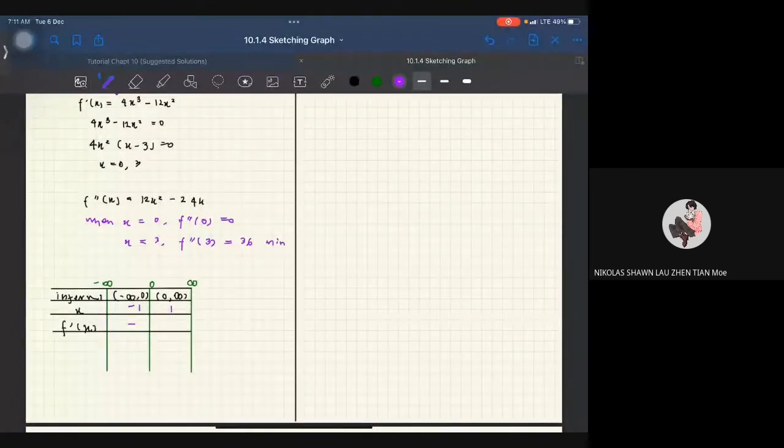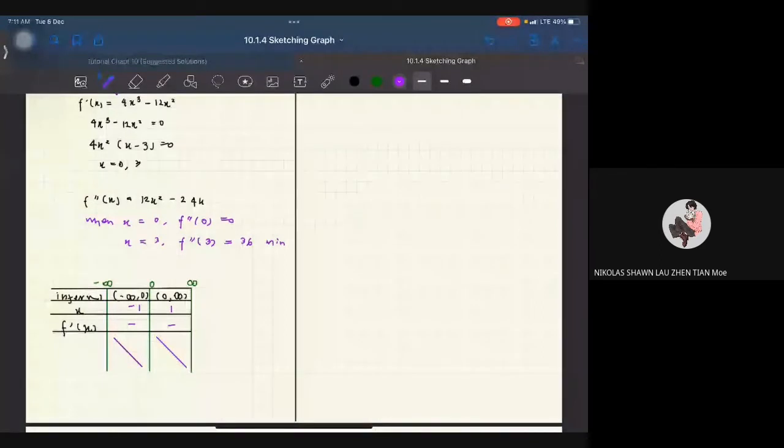Supposedly it's negative. Yeah, betul. Okay, and then for the second one pun saya still akan dapat negative juga. So meaning that both of these bagi tahu saya dia punya line adalah macam ni. Okay, so kita dapat tahulah dekat sini dia sebenarnya adalah inflection point. Okay, so that's it for the first one, first derivative test.